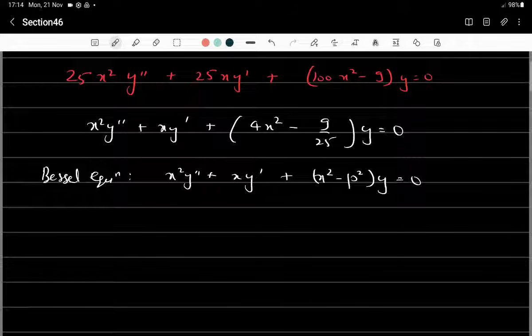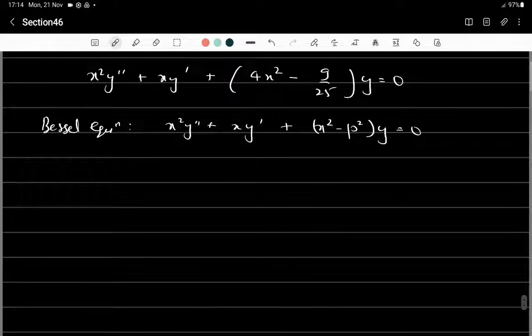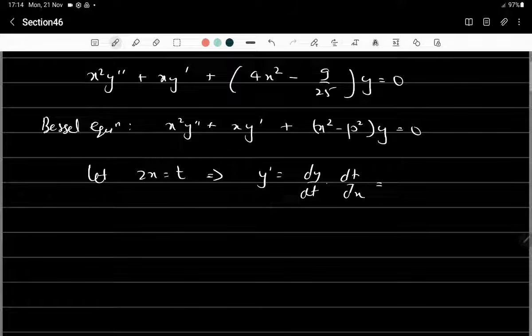So you can see this problem as follows in the exam: transform the given equation into a Bessel equation and find its general solution. Instead of x^2 I have 4x^2, or instead of x I have 2x. So what I can do is let 2x equal t. That gives me y' equal to dy/dt times dt/dx, which gives 2 dy/dt, because dt/dx is 2.